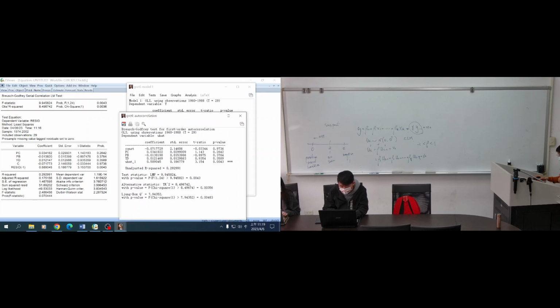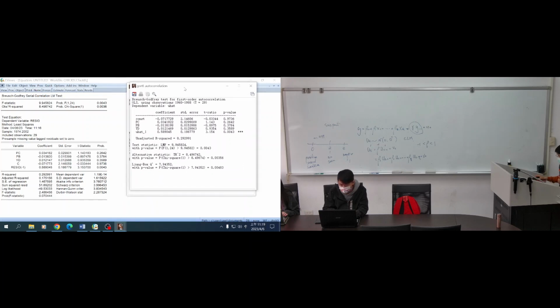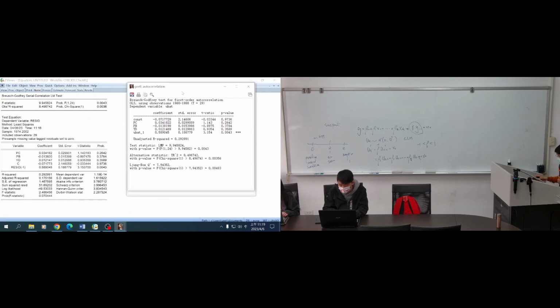So hit OK. So what do we have? The first one is the same as our F test. The second one is the same as our chi-square test.